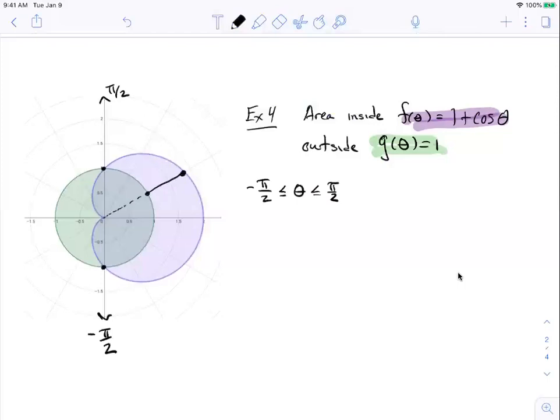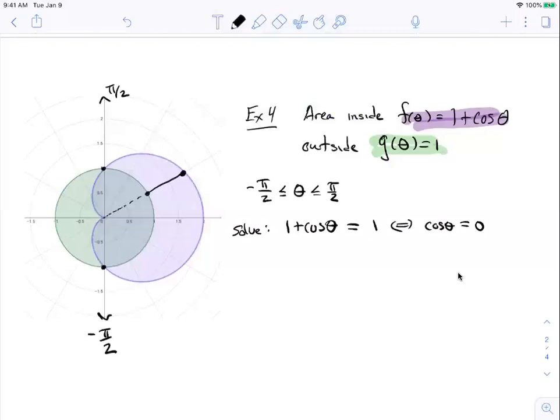How would you find those in general if you weren't looking at the picture, or if it wasn't so obvious that they were pi over 2 and minus pi over 2? You do the same old thing. You're wondering, when is f of theta the same as g of theta? So you'd have to solve that to find these things. Well, that's if and only if the cosine of theta is 0.